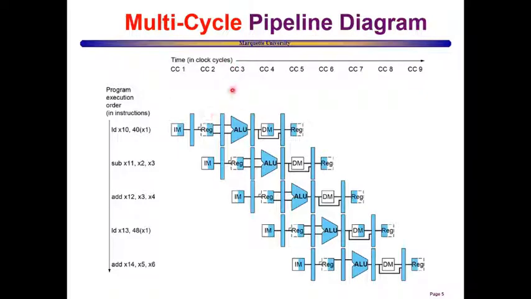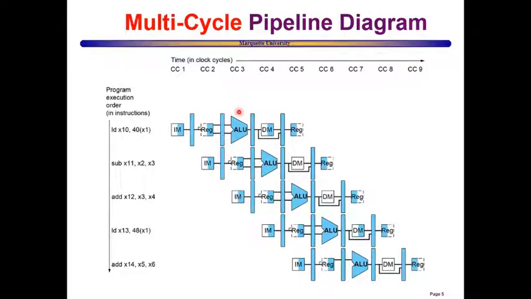For example, at clock cycle number 3, the first instruction undergoes the ALU pipeline stage. The second instruction, the subtract instruction, undergoes the register read pipeline stage, and the third instruction, the add instruction, undergoes instruction fetch from the instruction memory.